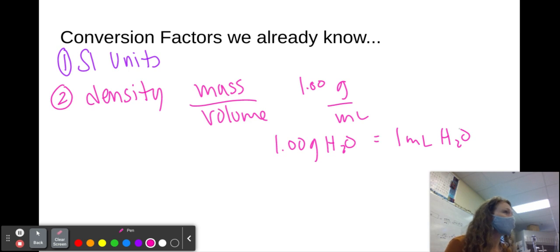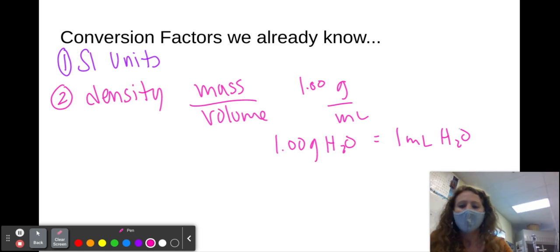If you know the density, like the density of water, or if you can look up the density, like the density of metals. Density of metals are very consistent. If you go look up the density of something, you can actually identify the metal that you're talking about just by figuring out its density. It's not always true for other substances, but metals are very consistent.